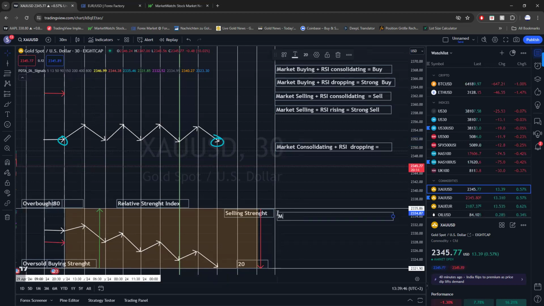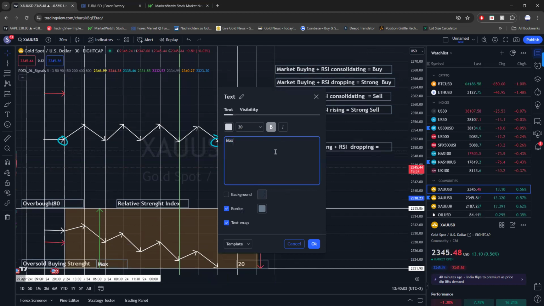Selling strength maximum is here, and buying strength maximum is below here. So we have one here, we have minimum also.